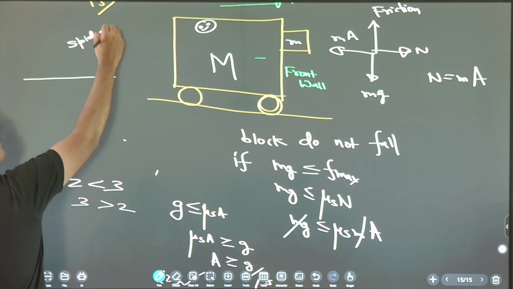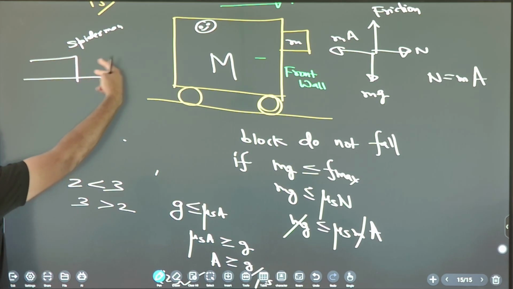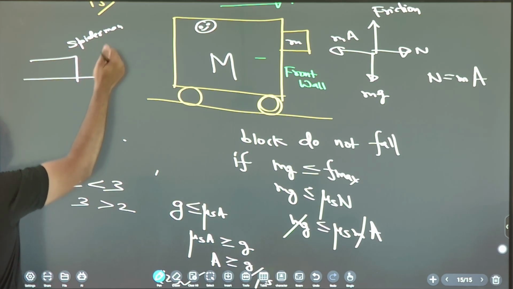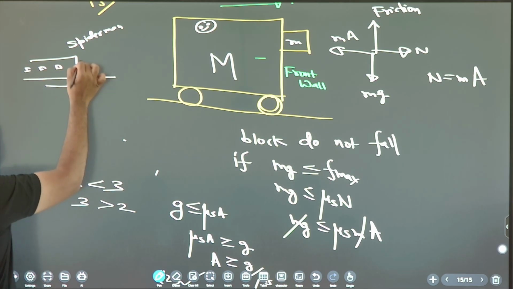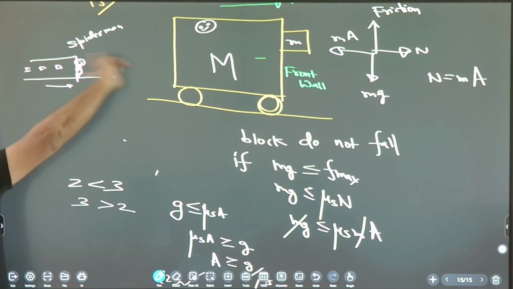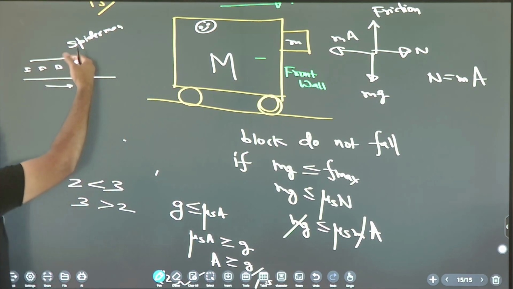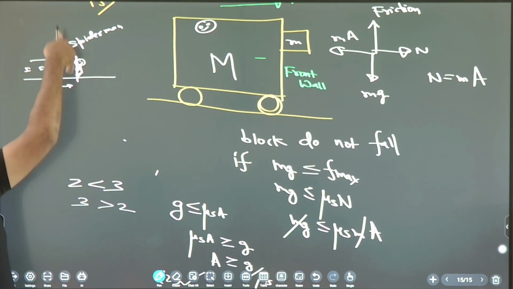You have seen the Spider-Man movie. A train is there, and Spider-Man is at the front. The train is going very fast, and Spider-Man is sticking to the train, right? Like this. So friction is there. That's why Spider-Man is not falling, because friction is acting upward.